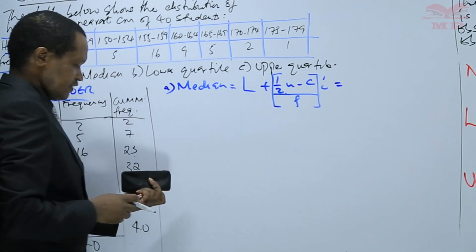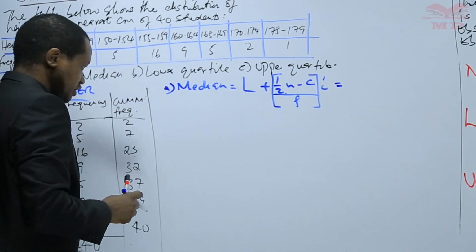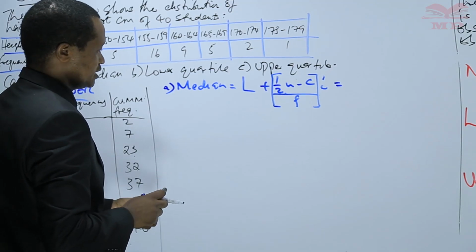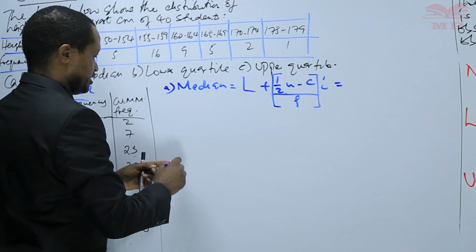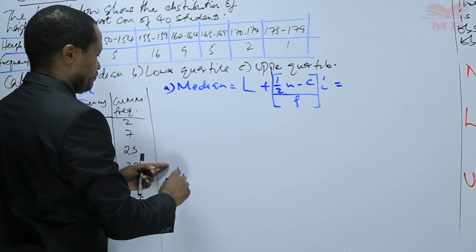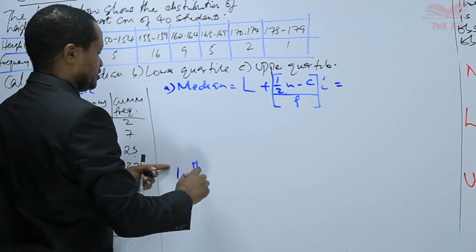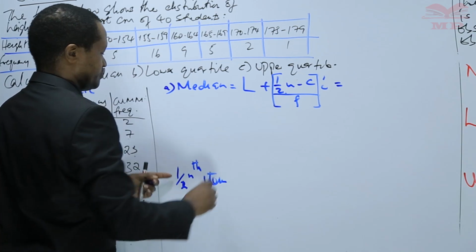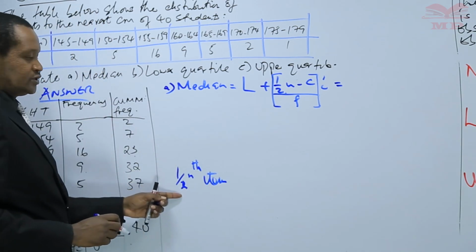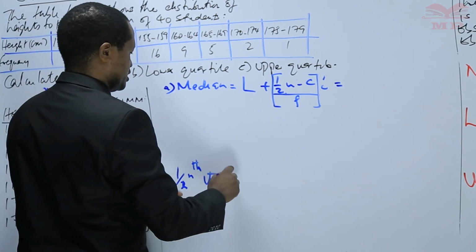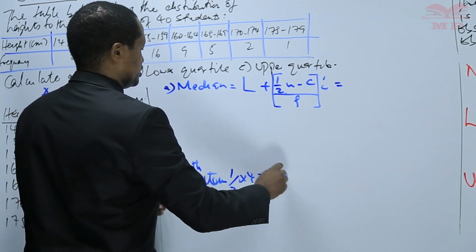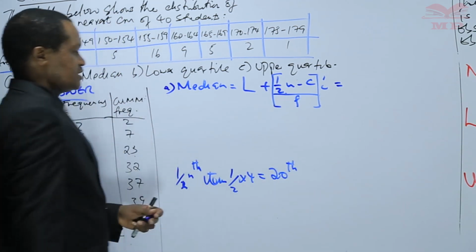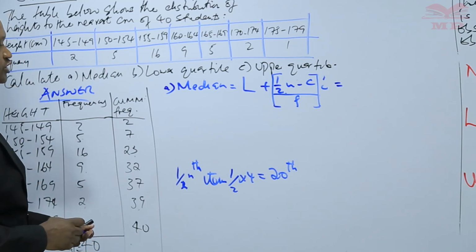so learners, the first calculation we need to do is to get the half item, which is equal to a half times 40, that is the 20th student.